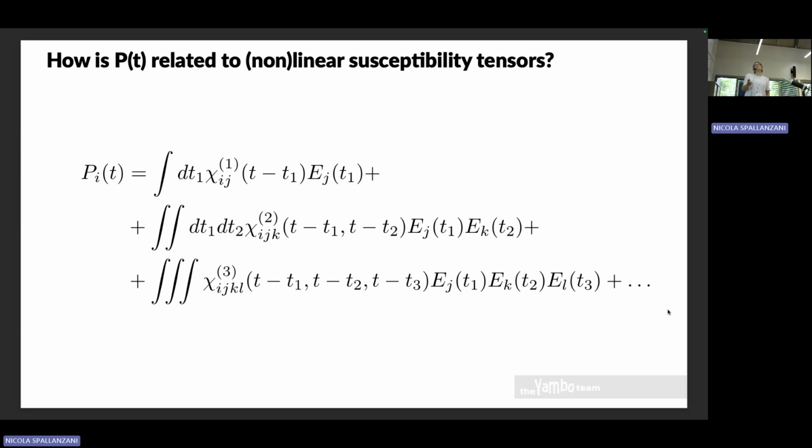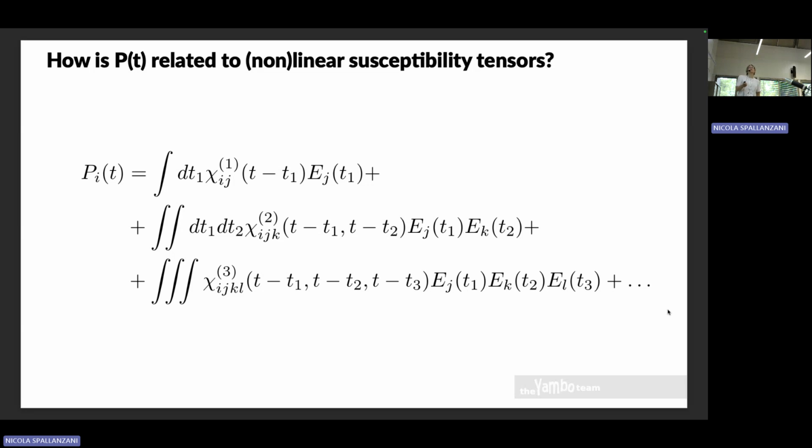That is the linear quantity, the second, the third, and then Eleonora showed some of the properties that you can get from the second and the third. I will focus in this talk only on the predictive approach, so only on how to extract those nonlinear optical susceptibilities from the polarization.